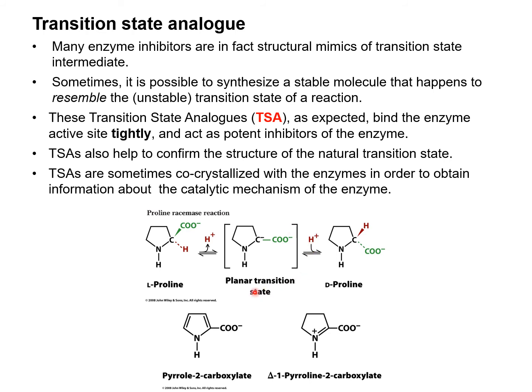And transition state analogs are also useful because they can sometimes be used for co-crystallization of the enzymes in order to obtain information about the catalytic mechanism of the enzyme. So in many cases, if enzyme and the actual substrate are used, it will quickly change to the intermediate state, and then will produce the product or go back to the substrate.